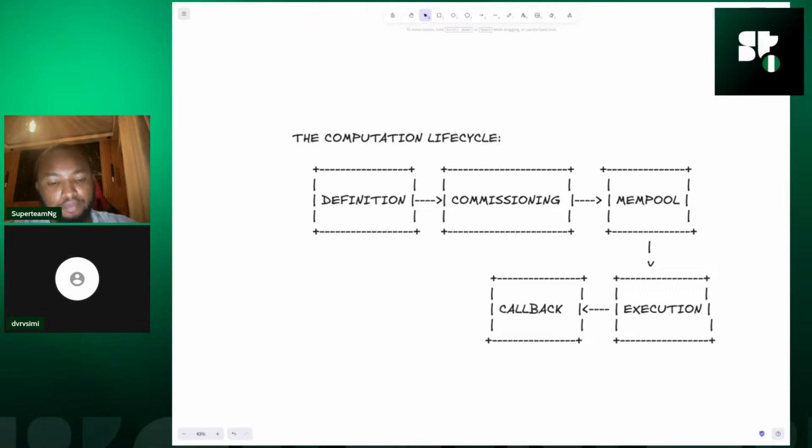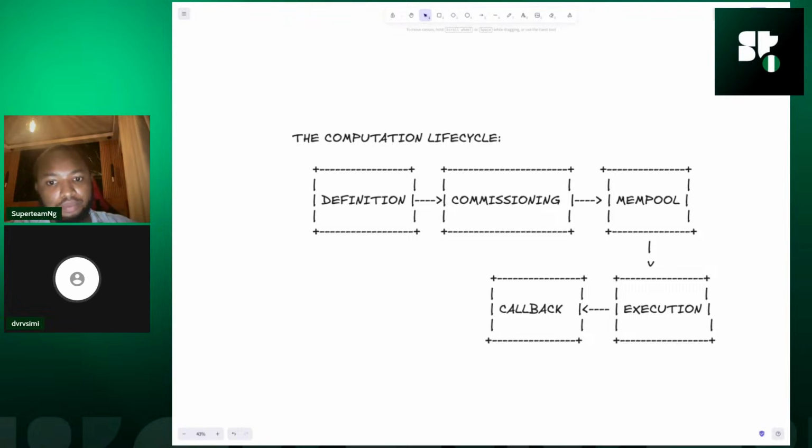So this is where you define how you want your function to go. Let's say that simple add-together function we saw. It's just, I want to add A to B, but you can go as wild as possible, although we'll talk about some constraints that you cannot do within the computation.